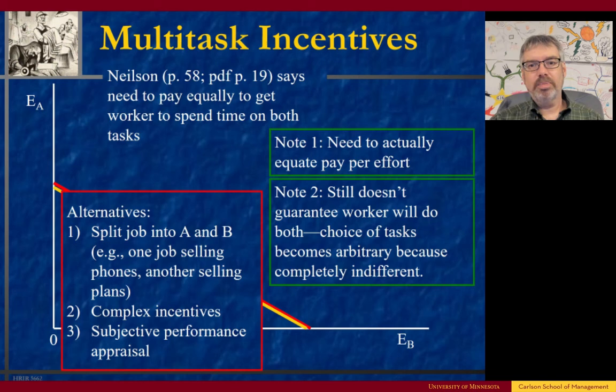Or you need to perhaps reduce your reliance on incentives and bring in other parts of performance as well. For example, you could have some kind of performance appraisal, where a worker knows that they're expected to devote some energy to task A and some to task B, and you're going to talk about that in their performance appraisal rather than just rely on these incentives.